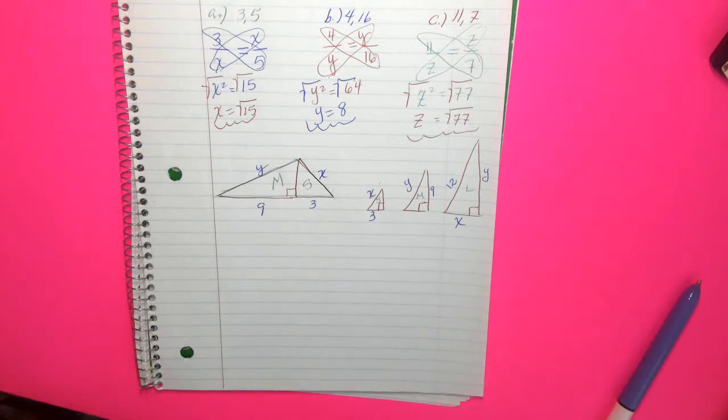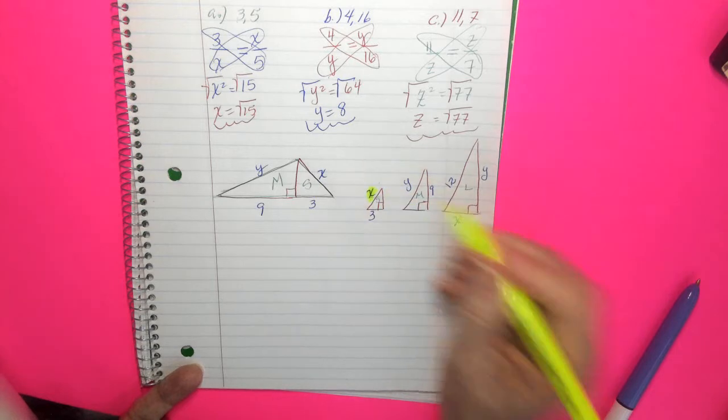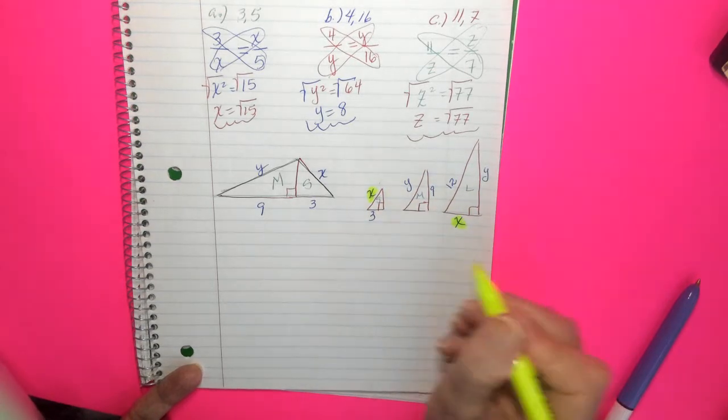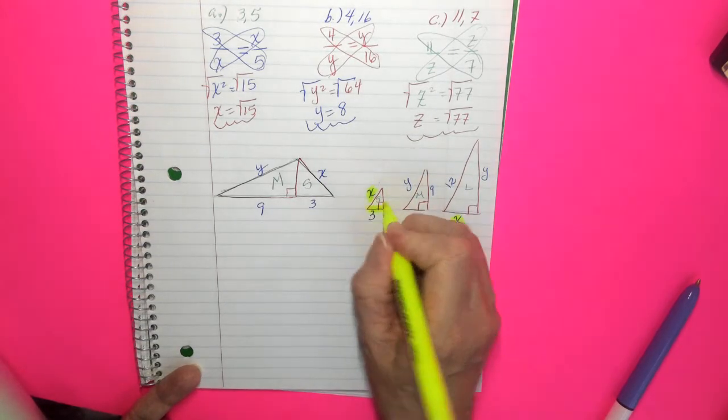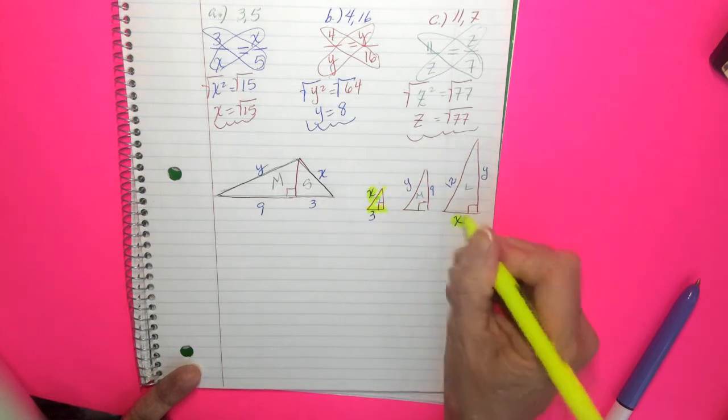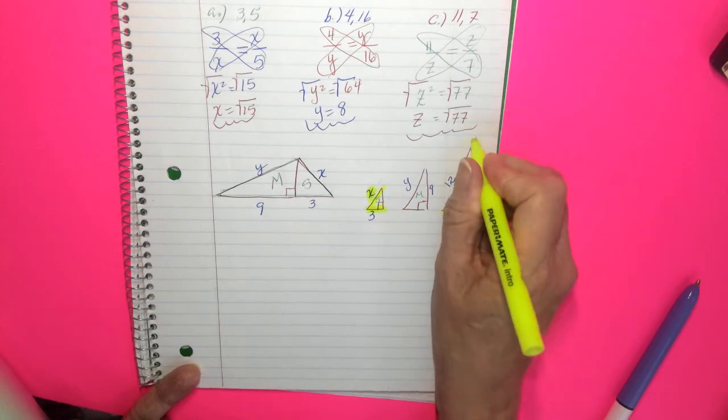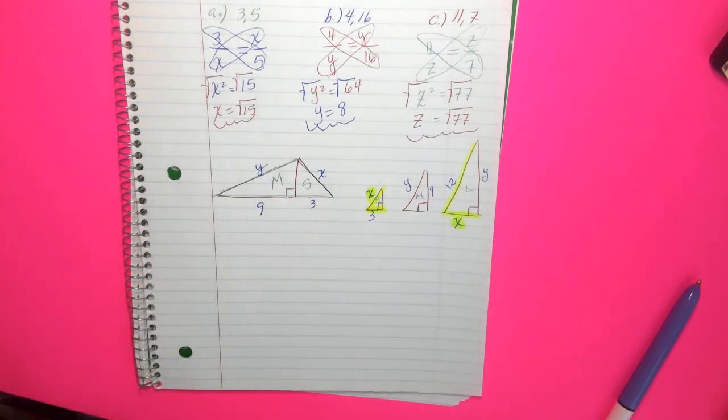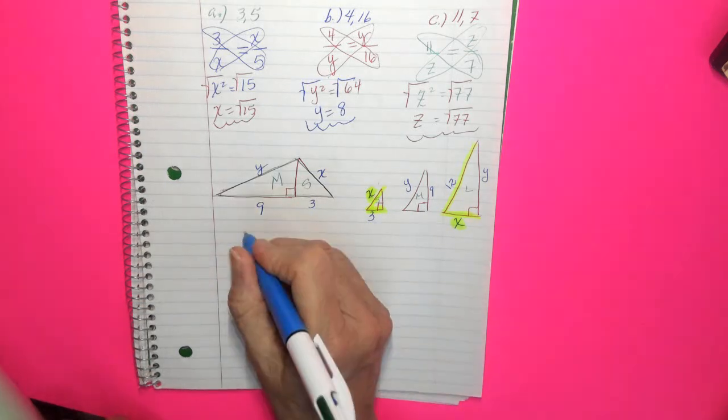So for our x's, we're going to have to use our small triangle and our large triangle, and we'll be using the base and the hypotenuse, just like we learned to do in our similarity unit.